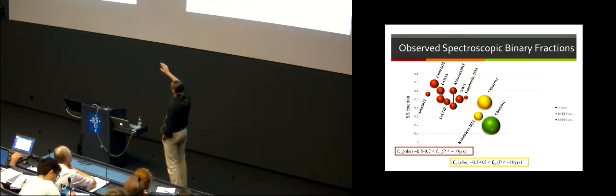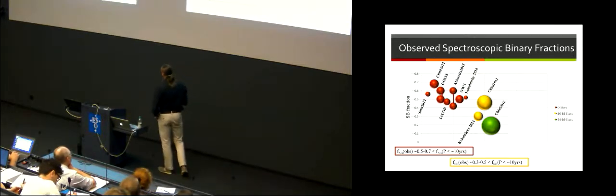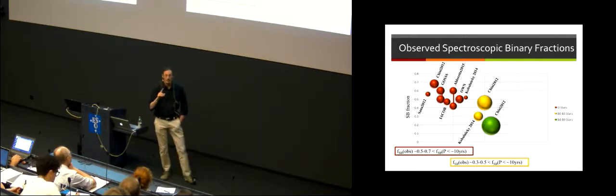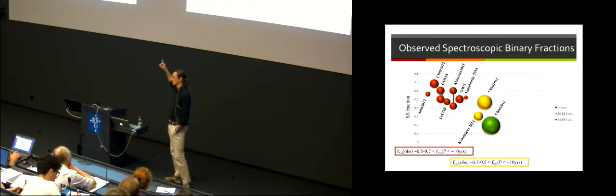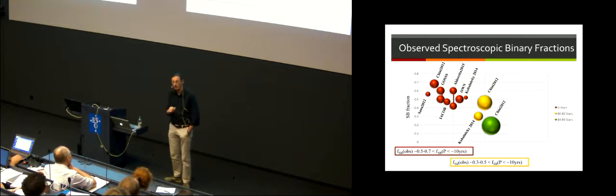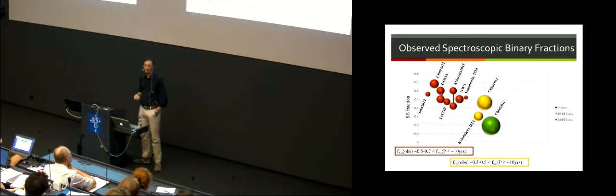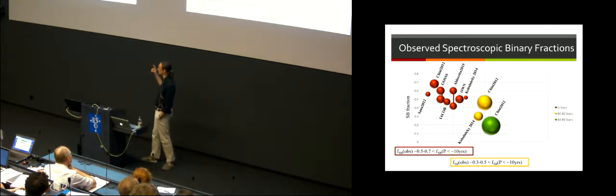And then only Rolf Cheney is doing the late B-type stars, and the binary fraction is even lower. Now there's a problem there. You cannot take those values at face value, because it's more difficult to detect binarity in a late B star than in an O star. So those observations need to be corrected for observational biases.